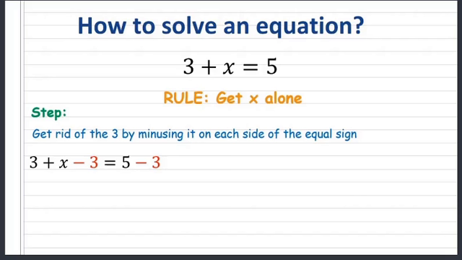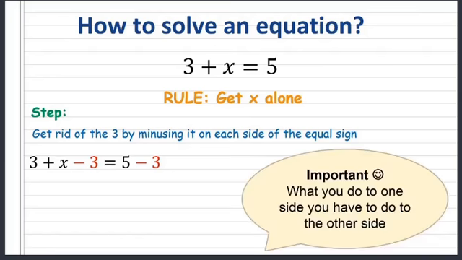So if there are 5 apples on both sides, and I still want to make sure they're balanced, if I take out 3 on one side, I have to take out 3 on the other side so that there's still 2 on each side. That is why with equations, what you do to the one side, you have to do to the other side. Very important.